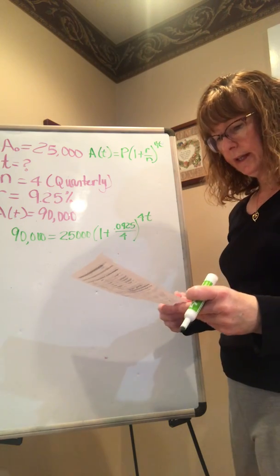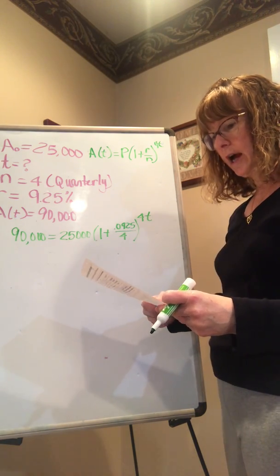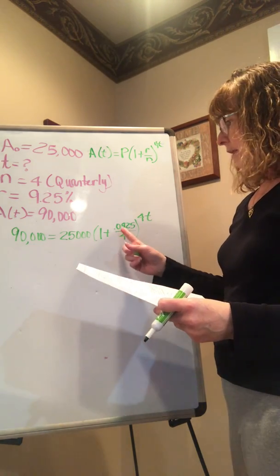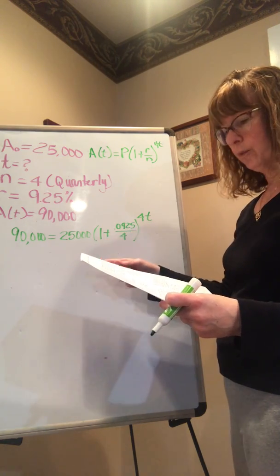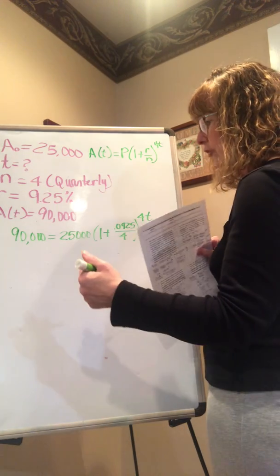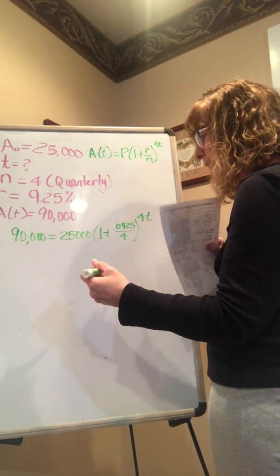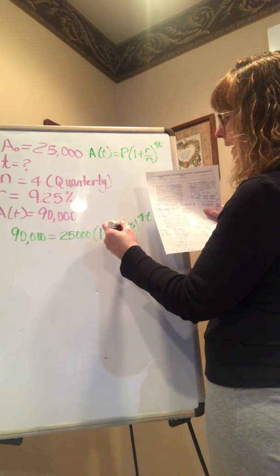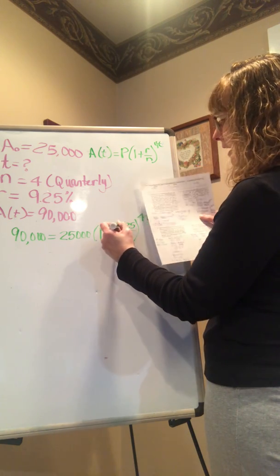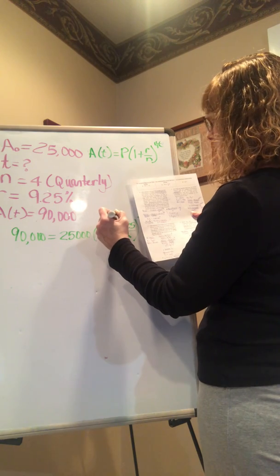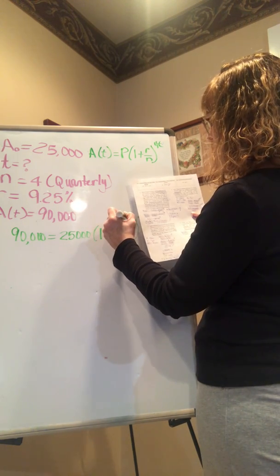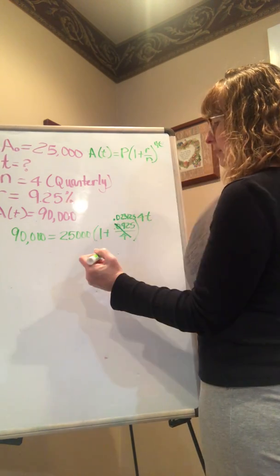So one thing that you should do is you should type in the 0.0925 divided by 4 and then add 1 to it so you get a nice clean growth factor. And when I did that, I divided this, I got 0.023125.